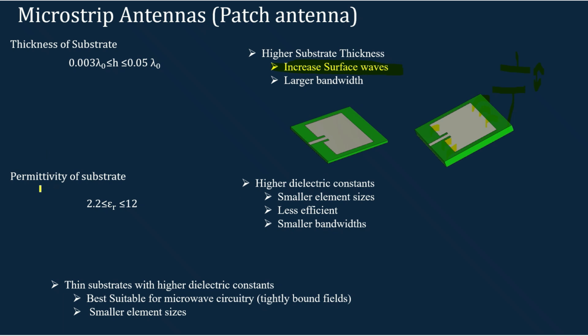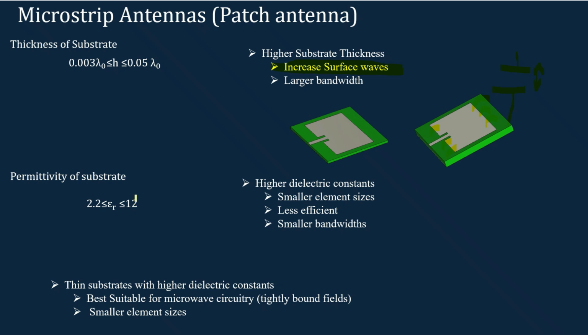Another parameter of the dielectric is the permittivity of the substrate, and we usually prefer the range from 2.2 to 12. If you use a higher dielectric constant, you can produce much smaller element sizes.